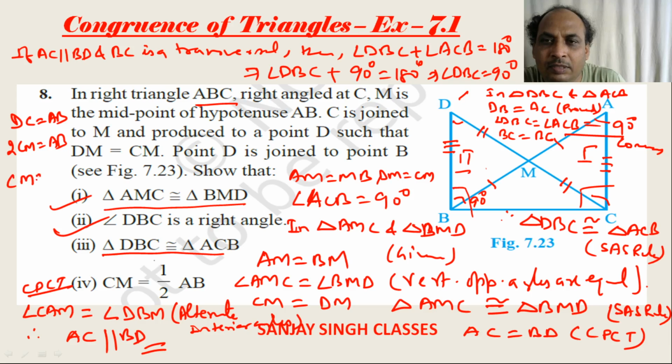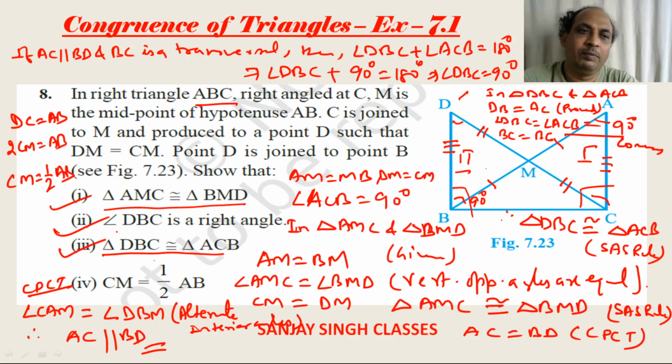So CM will be half of AB. So this also we have proved, and this also we have proved.